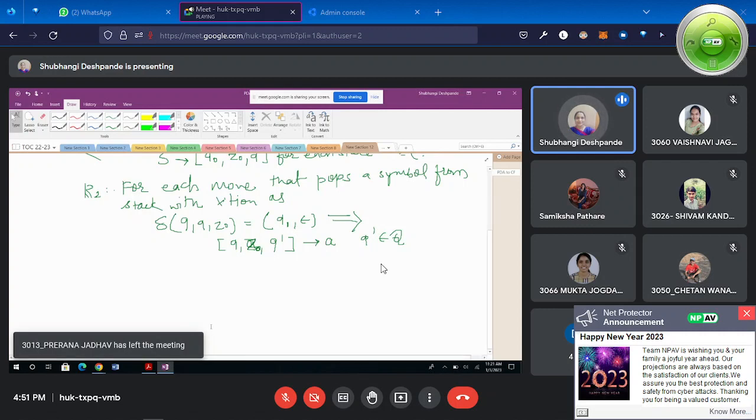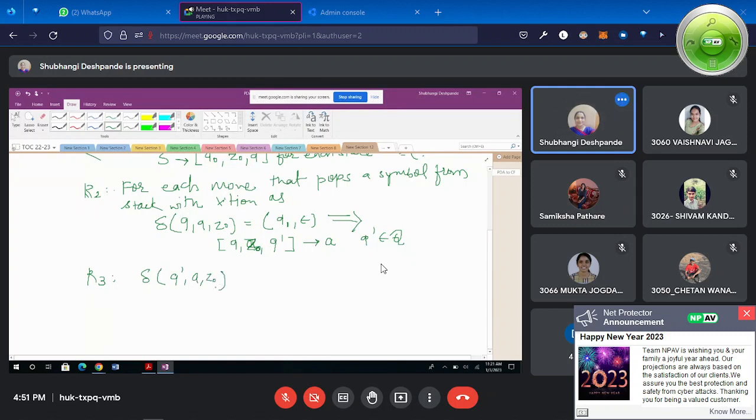And now rule 3, that is R3. If you are not understanding it now, it is fine. At the time of solving the examples, I will explain all the rules again. Delta of q dash a z0 results into q1, z1, z2, z3, z4 and so on.